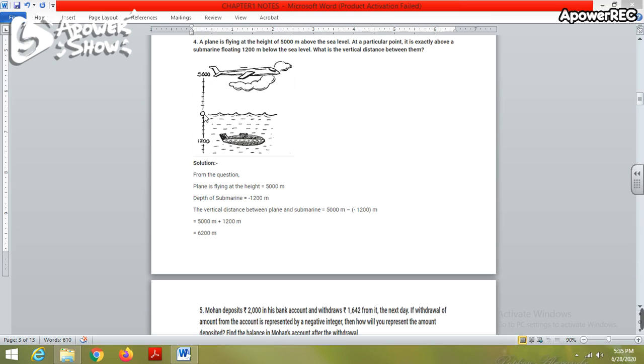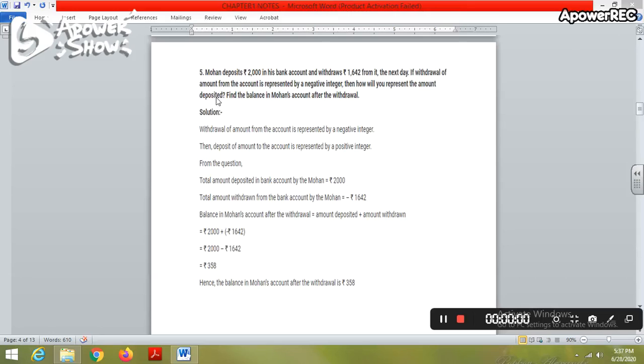From 0 to this point, the distance is 1200. So the vertical distance between the plane and the submarine equals 5,000 plus 1200, which equals 6,200 meters. So if you don't want to represent the depth and height by integers, you can just directly calculate it using the diagram.